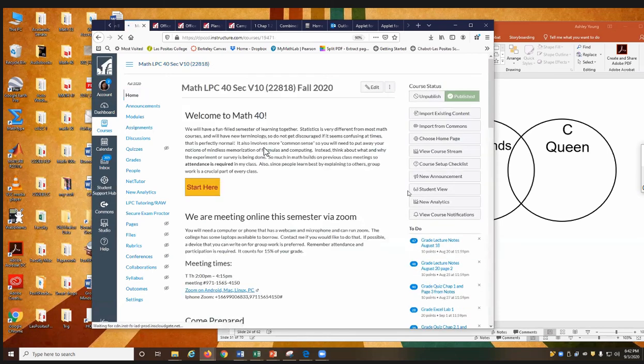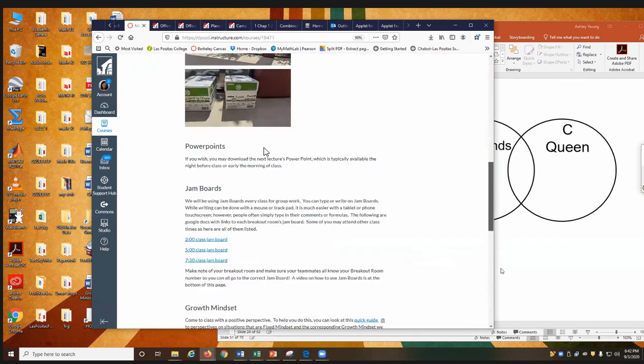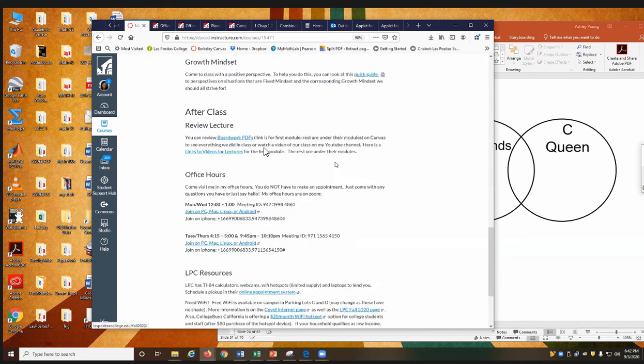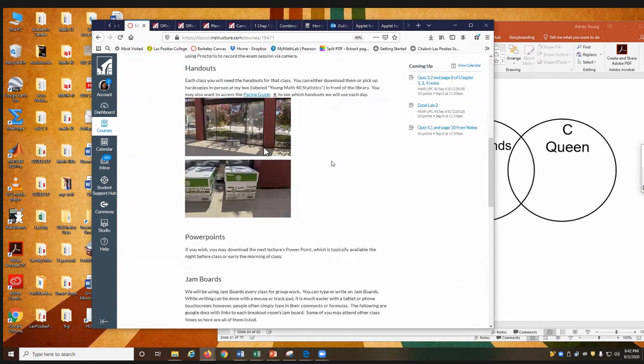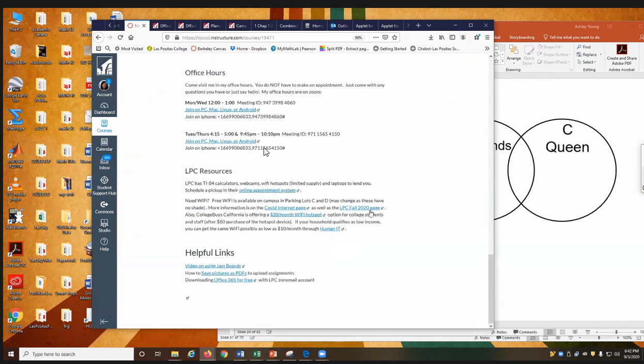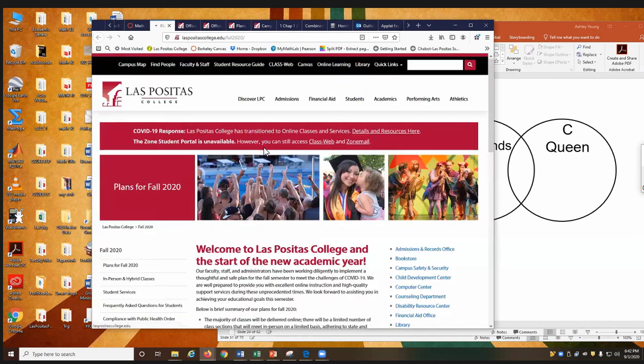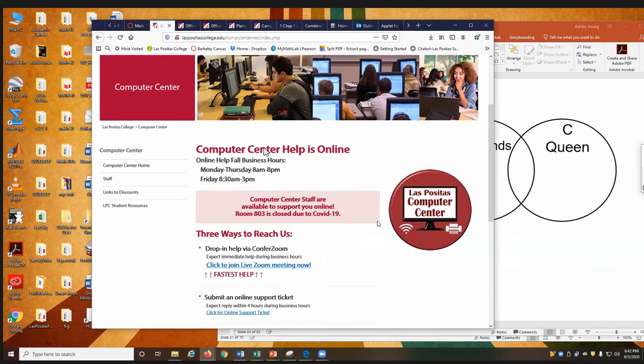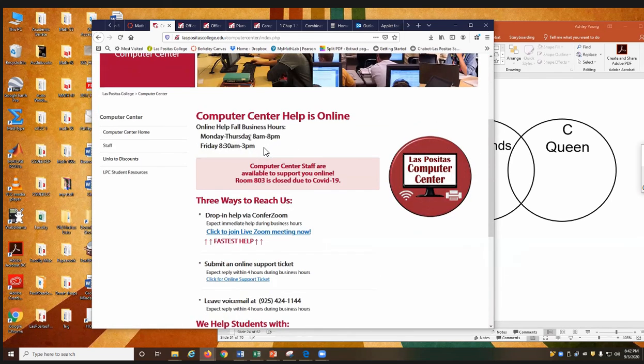If you're having trouble with Excel, again, reminder, you can get Office 365 for free. But if you're having trouble with your Zone Mail, like you don't know how to access it, or you're unable to access it in Canvas, go to the bottom of our homepage, where there is this LPC Fall 2020 page with a lot of different services. One of them is the Computer Center, and these guys can help you. They're there Monday through Thursday, 8 to 8, and Fridays, 8:30 to 3.